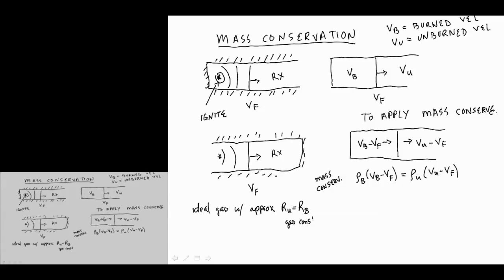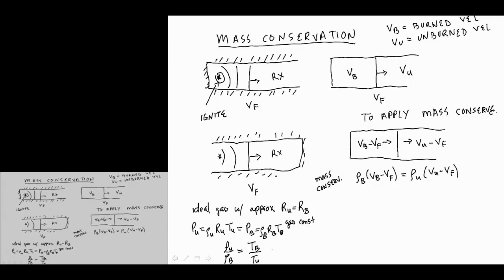So we know it's isobaric, so PU ρU RU TU is equal to PB ρB RB TB. Okay, so this is our isobaric constant pressure approximation. RB is equal to RU, so this says that ρU over ρB is equal to TB over TU.